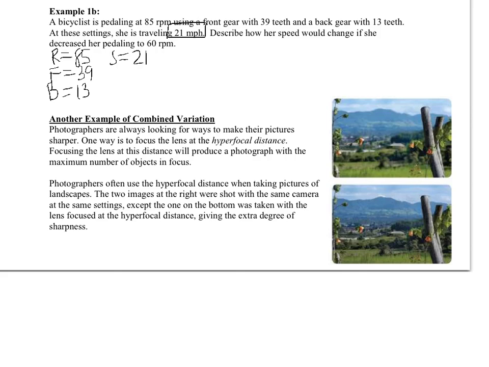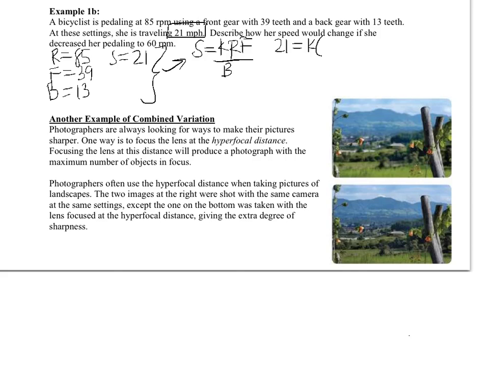Well, first we want to write that general variation equation. And it is S equals K times R times F divided by B. And they actually gave that to us. So that's that combined variation equation because we've got direct and inverse in one equation. Now let's plug in what we know into that equation. So we can say speed is 21 equals K times revolutions.